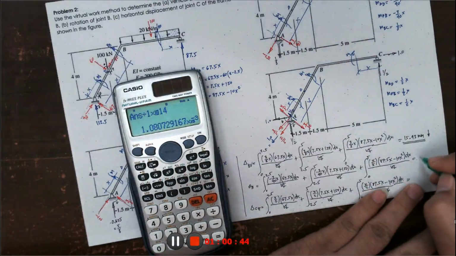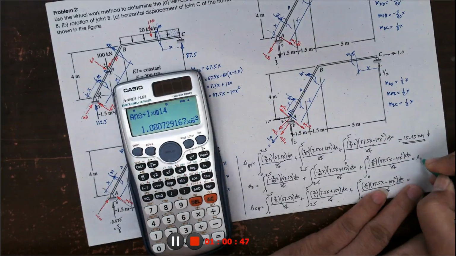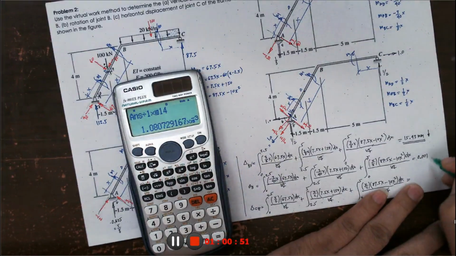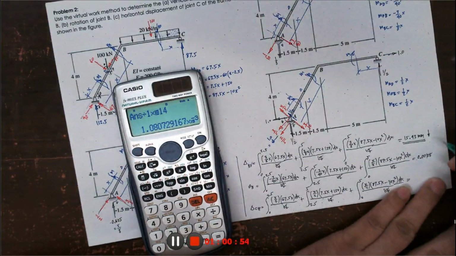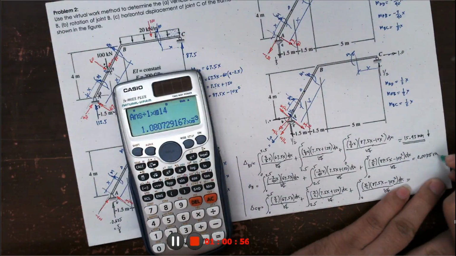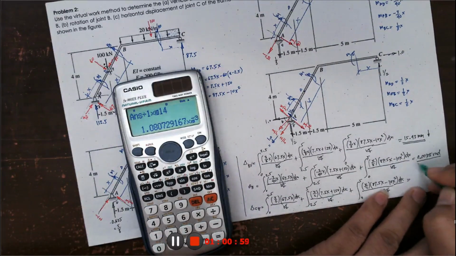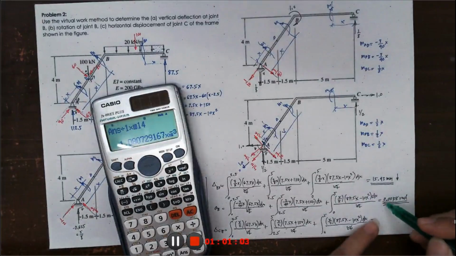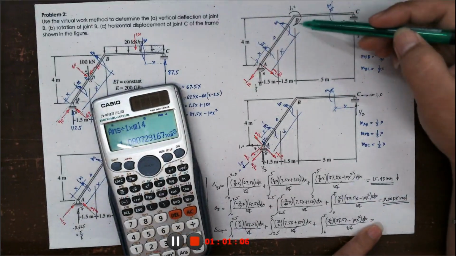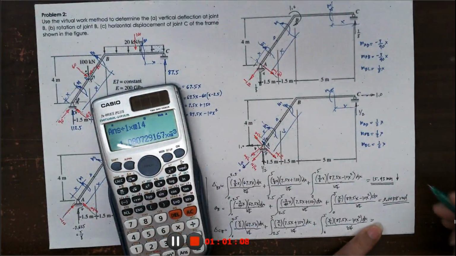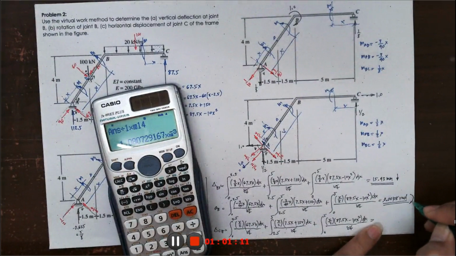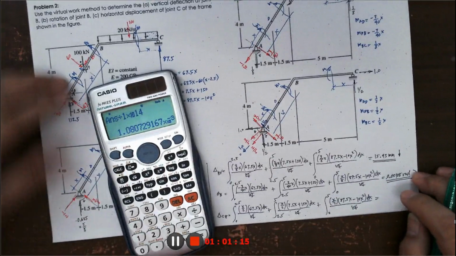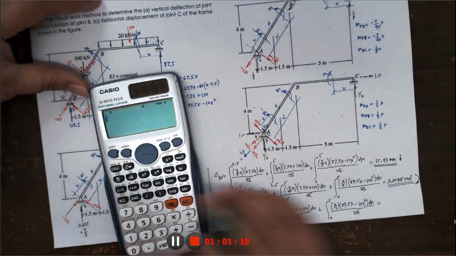Or point exponent negative 3 0 0 1 0 8 radians. Since nag-positive ni, meaning ang atong gi-assume nga clockwise correct. So clockwise ni. You can also express your answer in degrees.